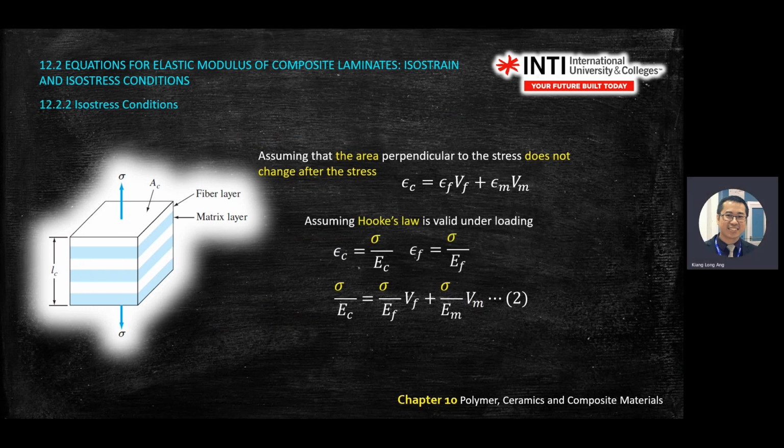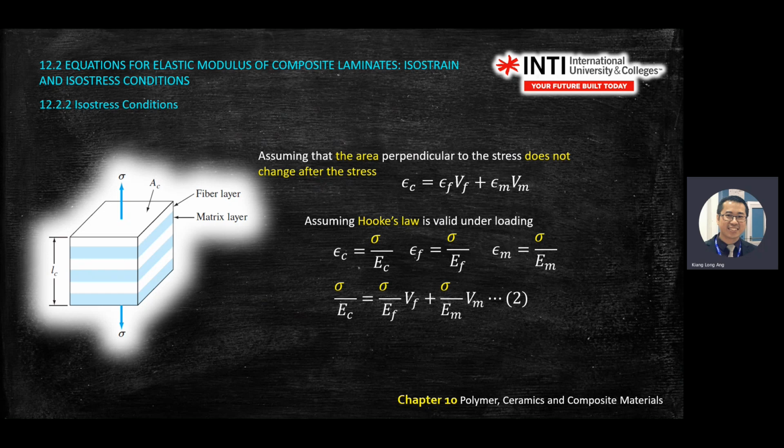So if you derive the equation, recall Hooke's law again. What is Hooke's law? Stress equals capital E times strain. So you change the strain for fiber. Strain equals what?